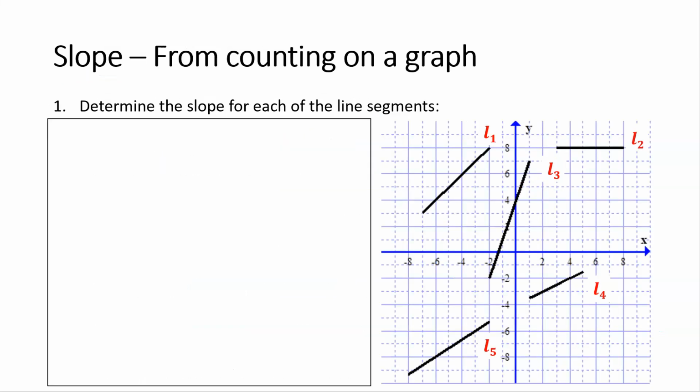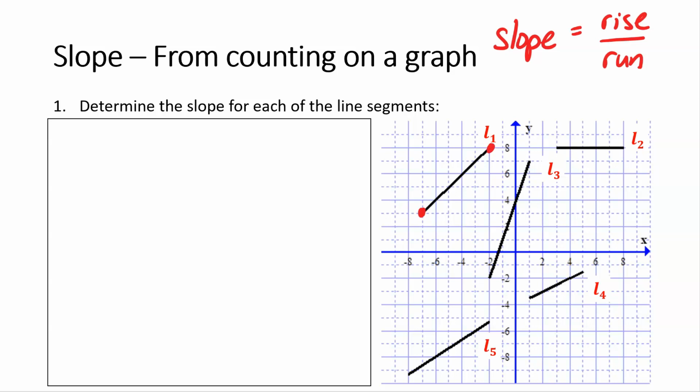So let's look at a few examples. There's 5 lines on this graph, and we're going to determine the slope of each of them. And remember, the slope is the steepness of the line. It equals the rise divided by the run. So if we look at line 1, if you think of us going from this point on the left to this point on the right, how far did you have to travel?